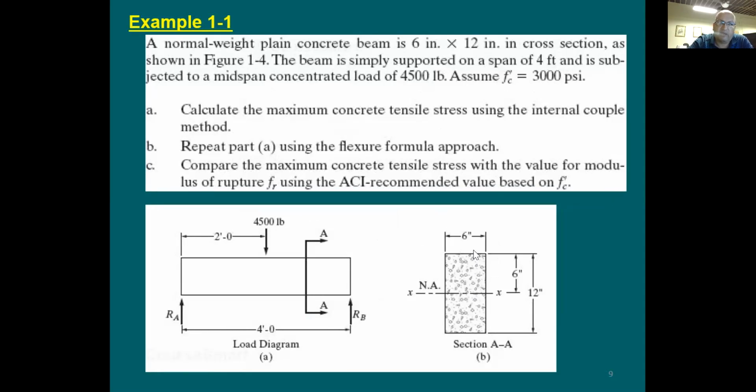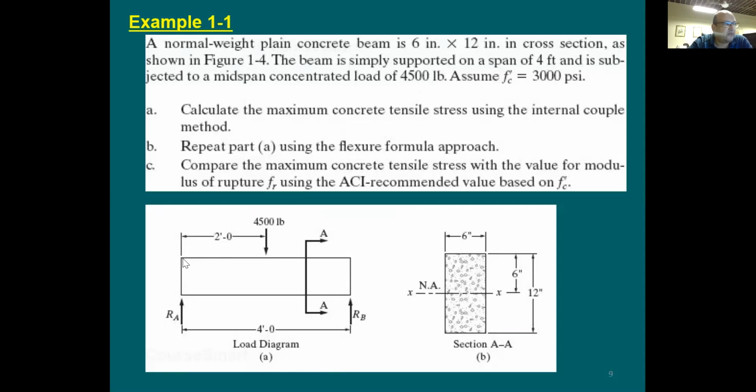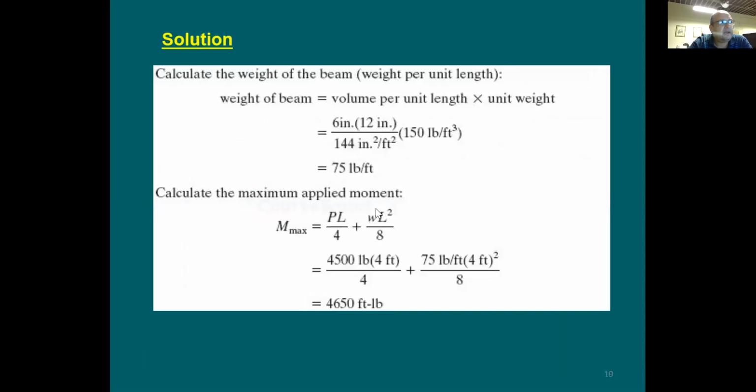So it's 0.5 square feet. You multiply this by 150, half of it is 75 pounds per foot. So you're going to have your uniform load as 75 pounds per foot.